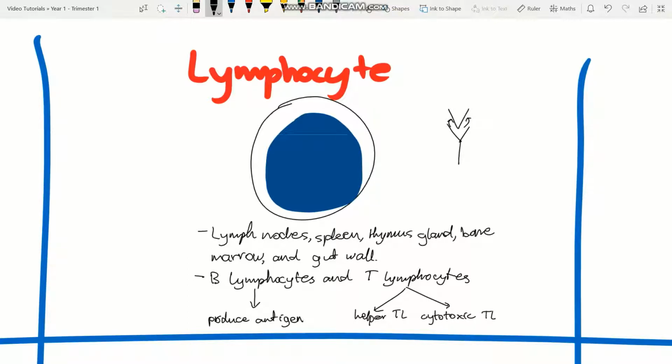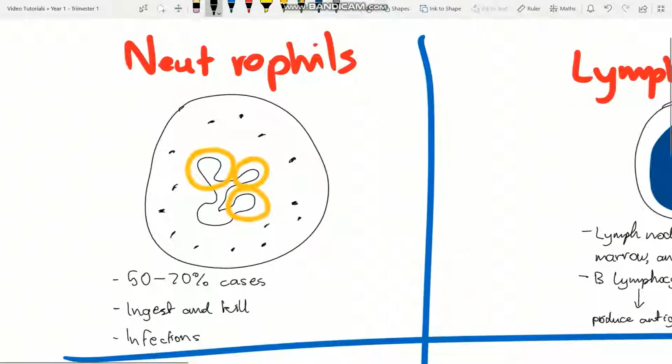Now, these cytotoxic lymphocytes are quite important because they are directly involved in the destruction of various pathogens or abnormal cells in the body. So these may be cells that have been infected by viruses, or even cancer cells. So these lymphocytes in general are involved in cell-mediated immunity, and they're present in 20 to 40% of cases. So, to a lesser extent than neutrophils.